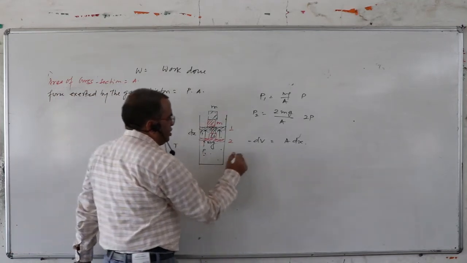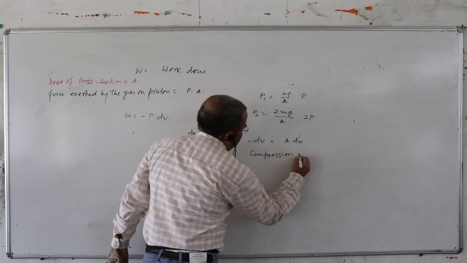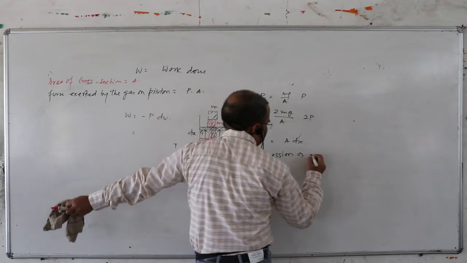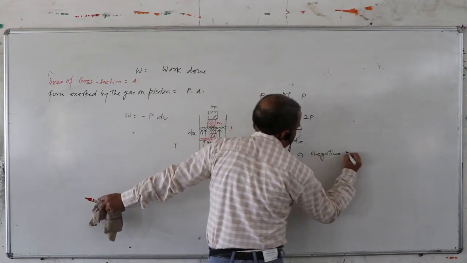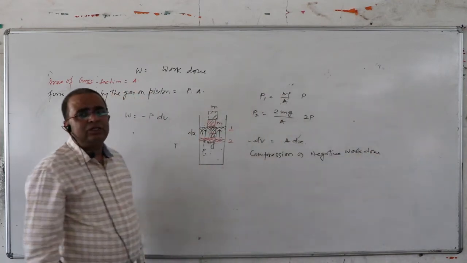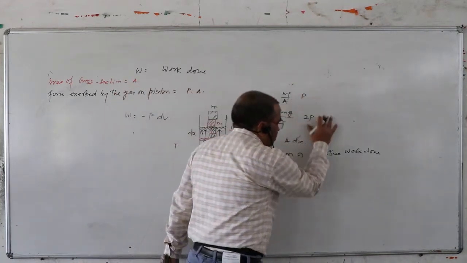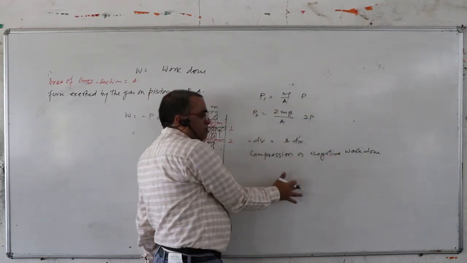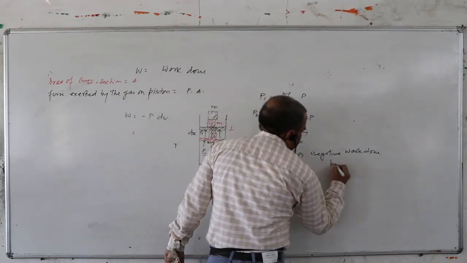Very simple things to understand. Compression indicates negative work done by the gas. In any numerical, if you are calculating and at the end you get a negative amount of work done by the gas, this means your gas is compressing.